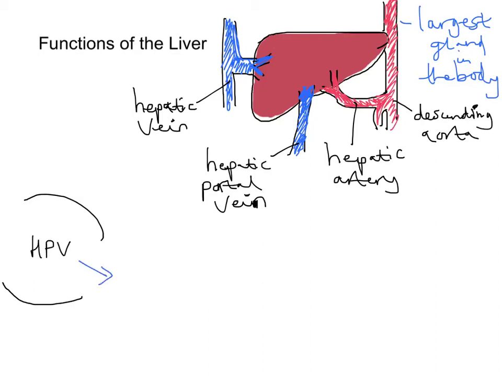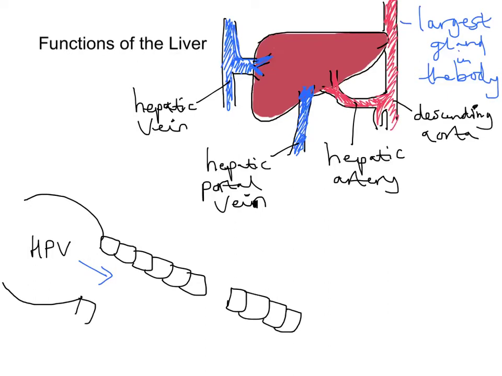So we've got blood coming through this hepatic portal vein. What we find is it looks a bit like this. I'm just going to draw it very roughly here. So you have these cells. We'll just draw a few in place.